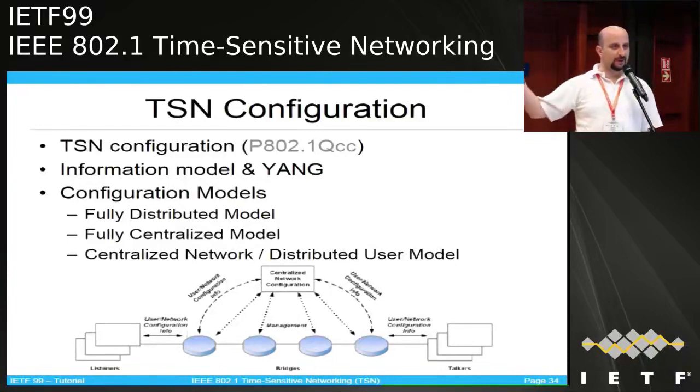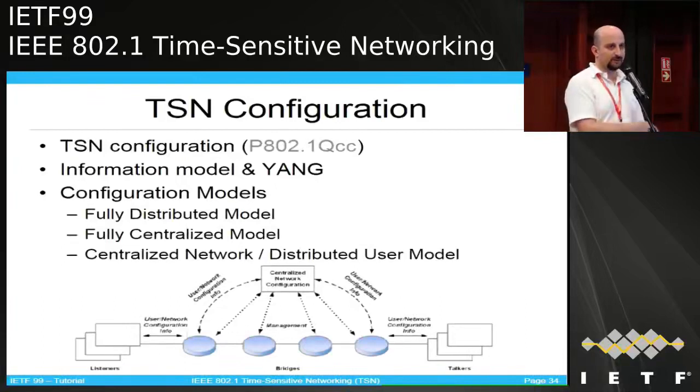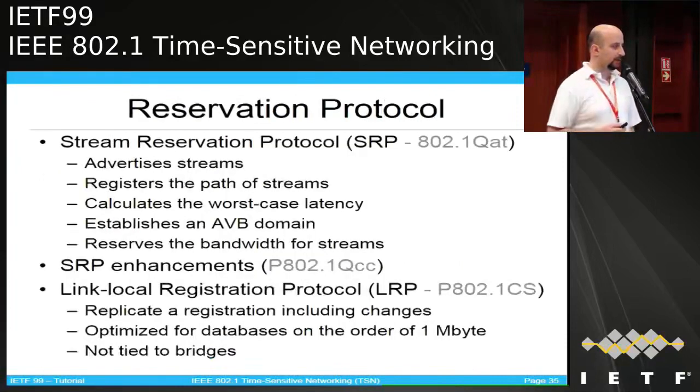So these end stations here are sources and sinks of CBR streams, and what we are after is how to provide the resources for those streams in order to provide the bounded low latency. As I mentioned, we have a standard protocol, SRP, for the reservation of resources.